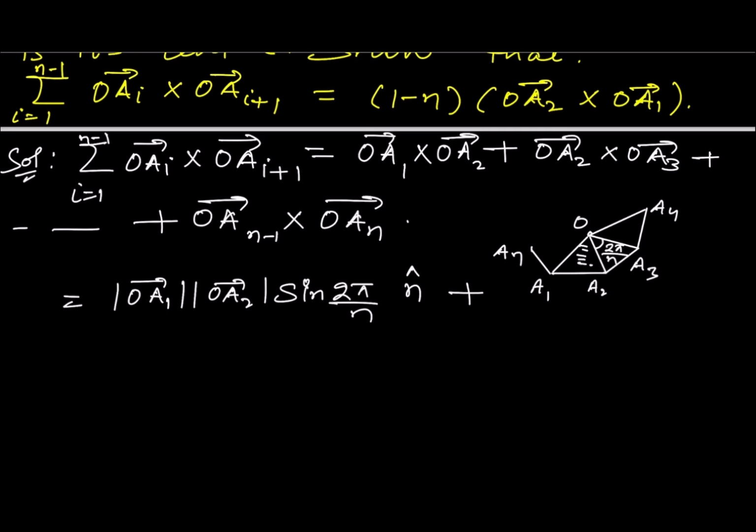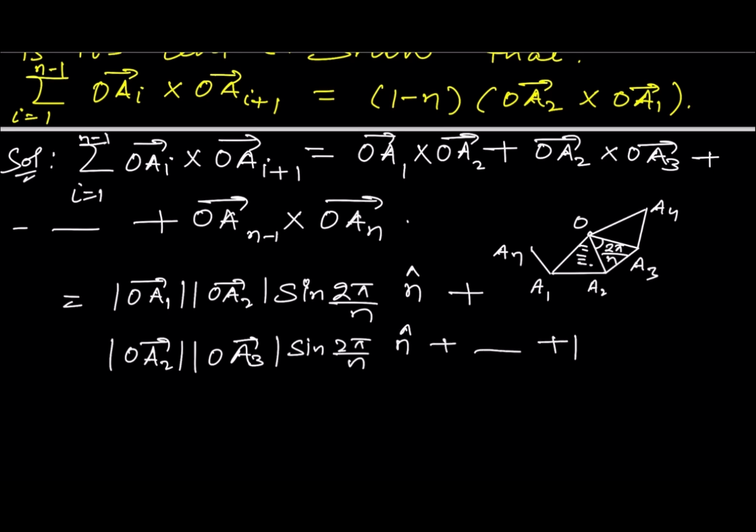Similarly, plus mod OA2 vector into mod OA3 vector sine 2 pi by n into n cap, plus and so on, to OA n minus 1 vector into OA n vector sine 2 pi by n n cap.